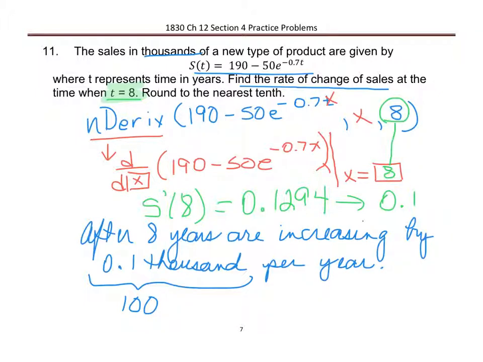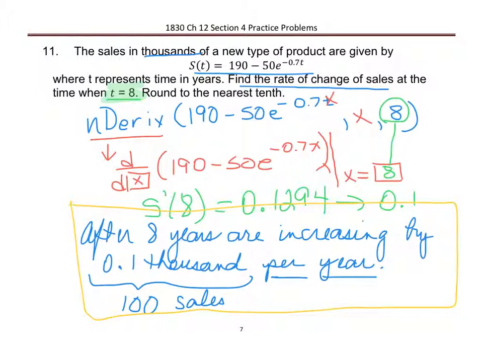So sales are increasing by 100 sales per year. The focus here is on the explanation, not on the calculation. You do need to get that right, but the calculator will give it to you correctly.